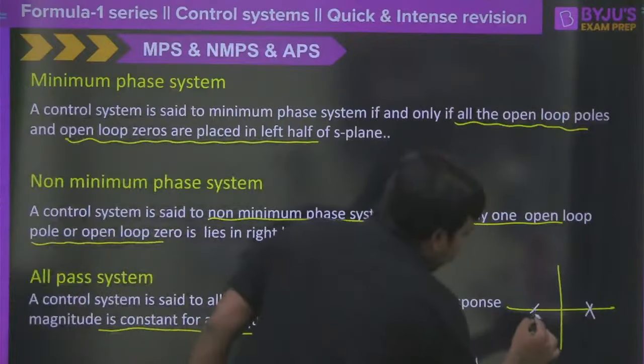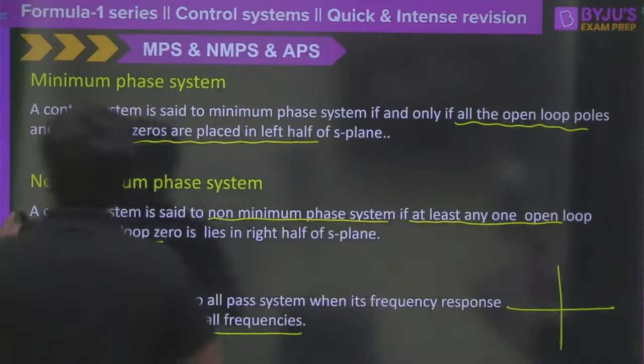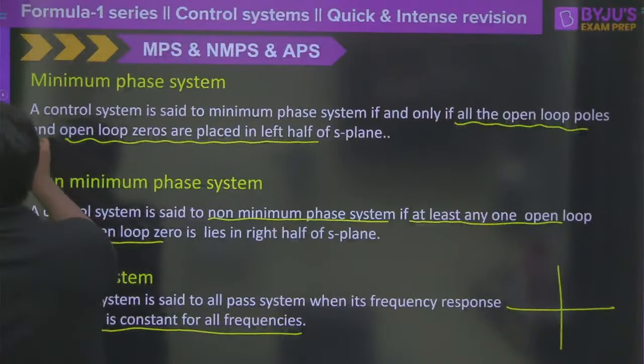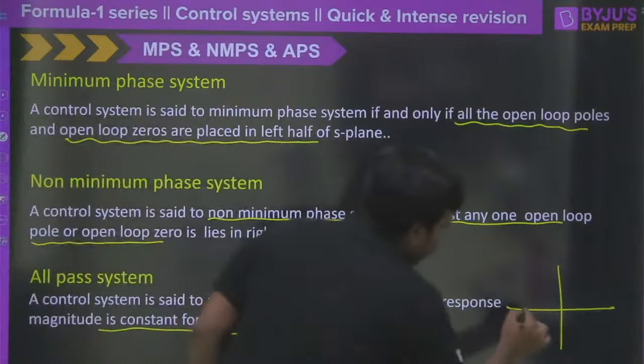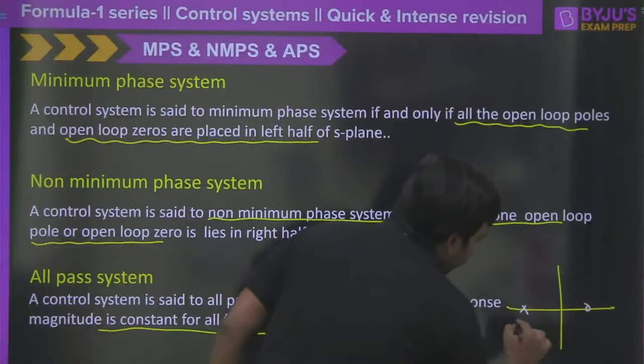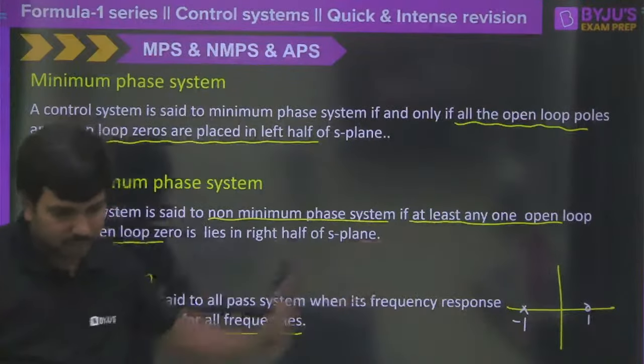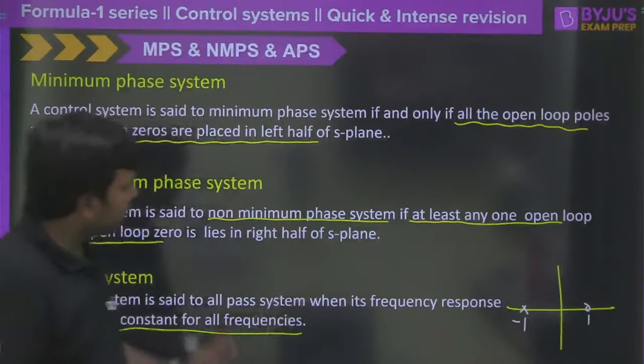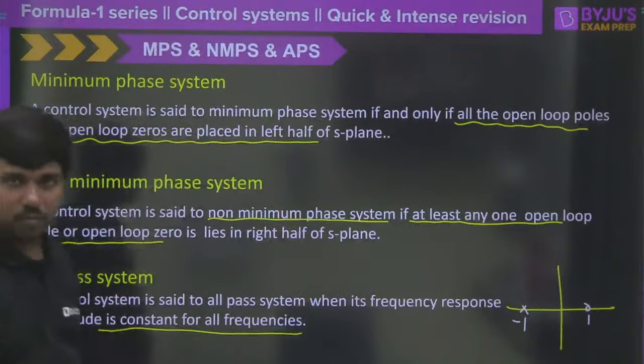If you have a pole on this side and a zero on that side, then it is considered an all pass system. So let us take a pole at 1 and a zero at -1. This is the nature of the all pass system. It is a very simple thing, and I don't want to stress more here.